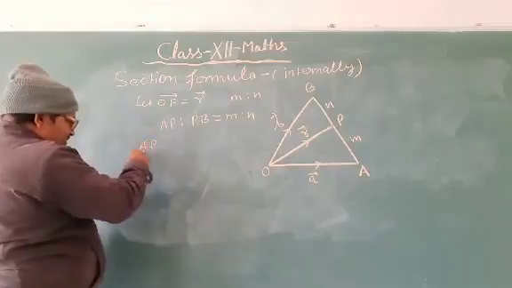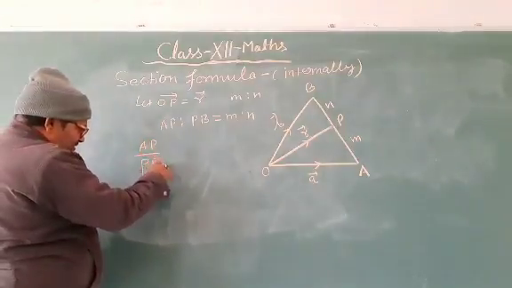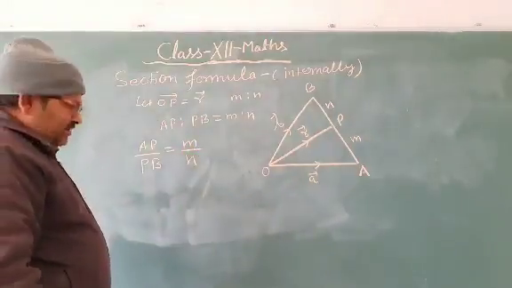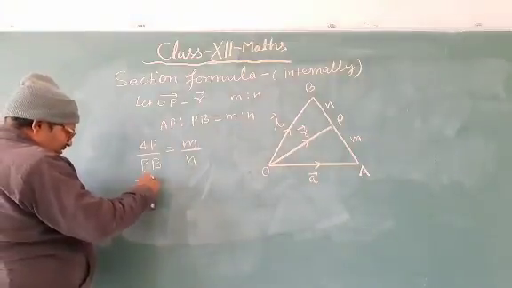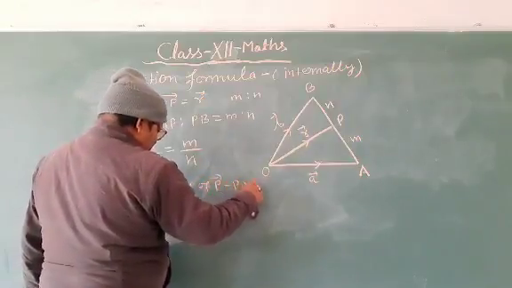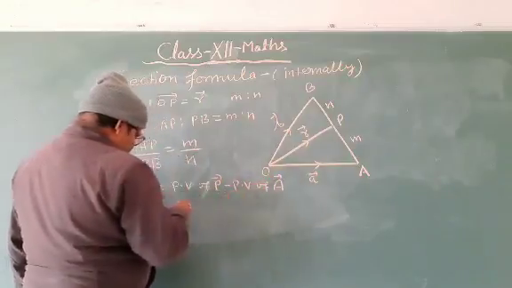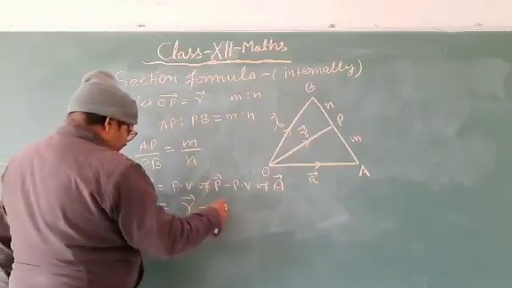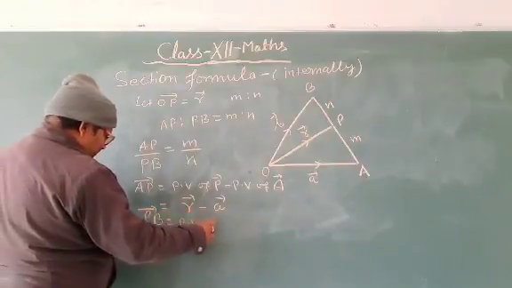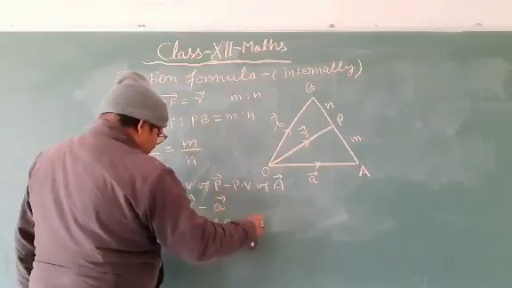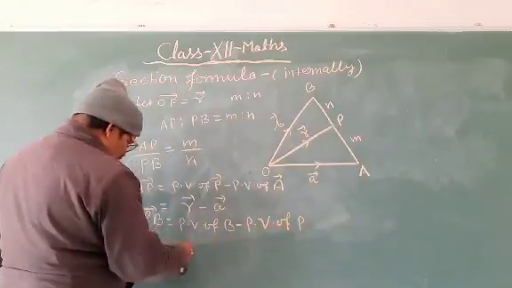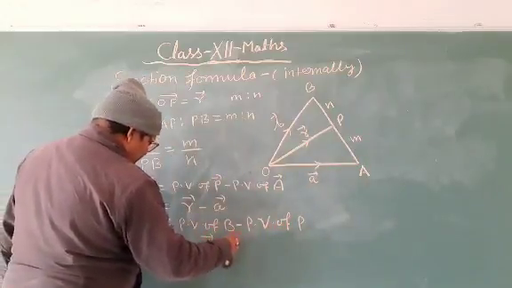Then AP upon PB equals m upon n. AP is the position vector of P minus the position vector of A, that is vector R minus vector A, and PB is the position vector of B minus the position vector of P, so vector B minus vector R.